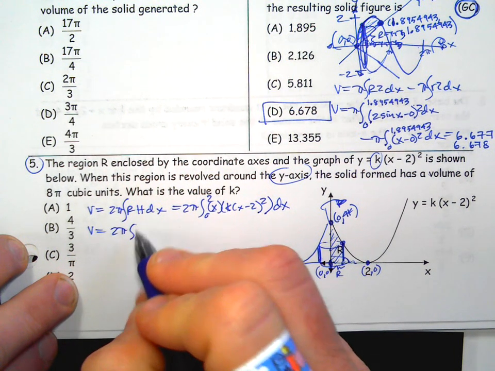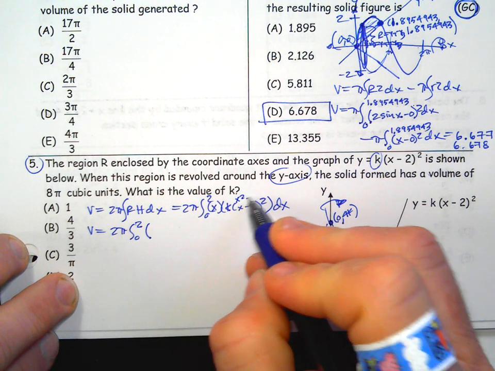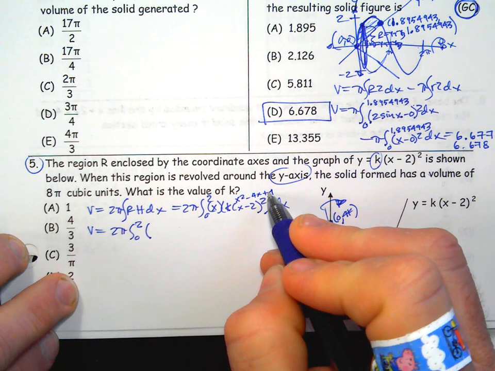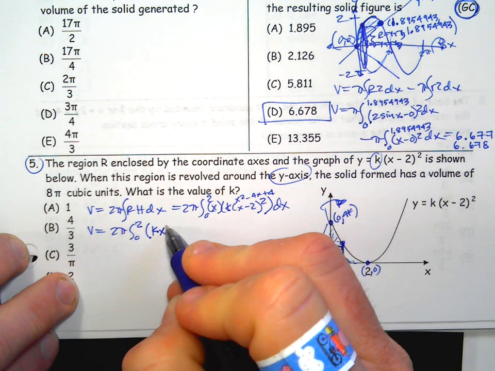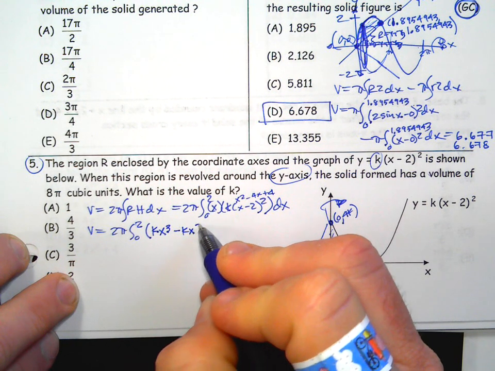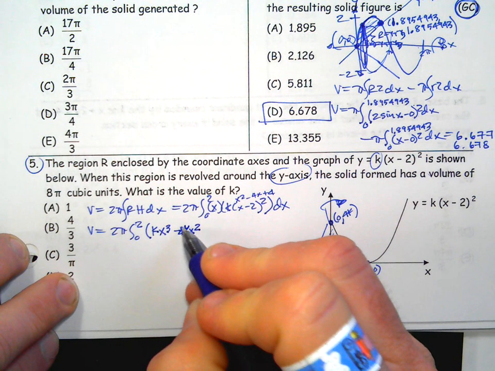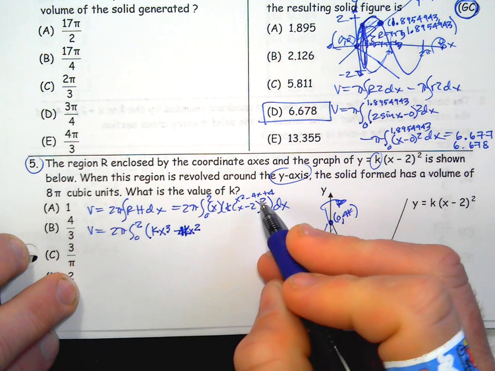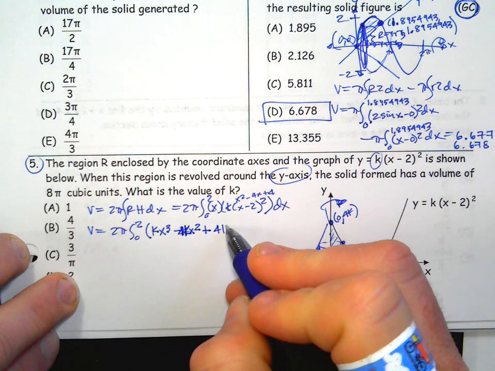So I think we're going to want to try and simplify this. This is going to be x squared minus 4x plus 4. And then we get k x cubed minus 4k x squared plus 4k x.